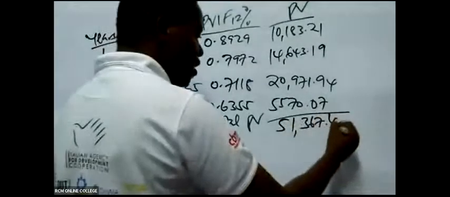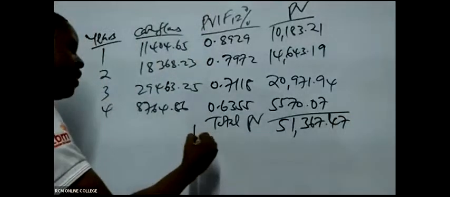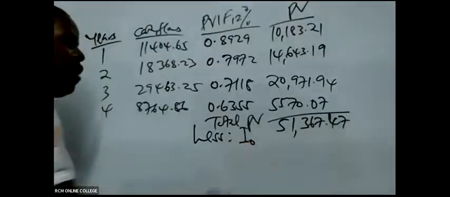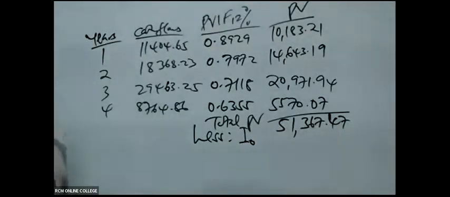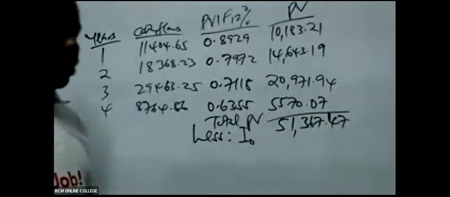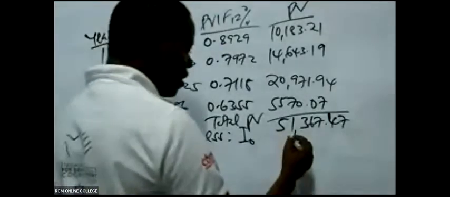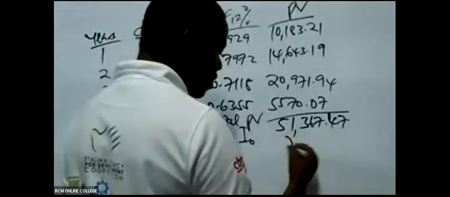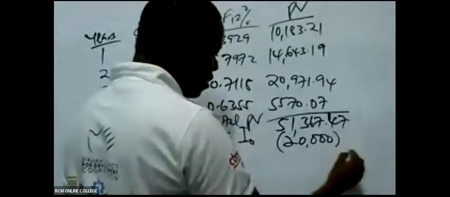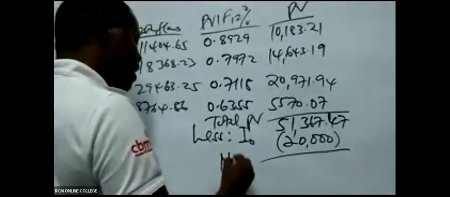51,367.47. So can you less the initial outlay? Initial outlay is how much? 20,000. So can you get our NPV?